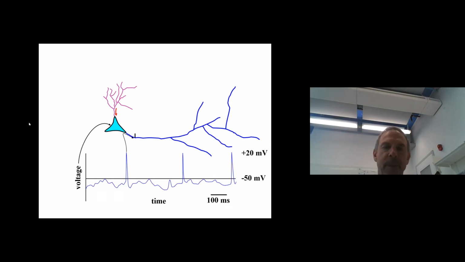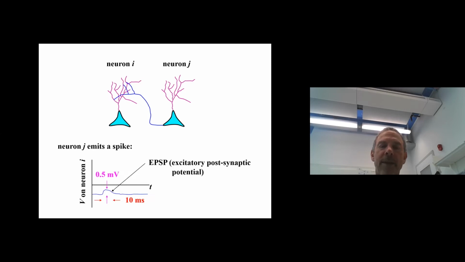We're not going to talk about spike generation, but these are the kind of things you have to remember. Neurons turn out to be either excitatory or inhibitory, one or the other, which is kind of crazy. If neuron J spikes and it's excitatory, the membrane potential on the postsynaptic neuron I goes up, on the order of half a millivolt, maybe less, sometimes more.